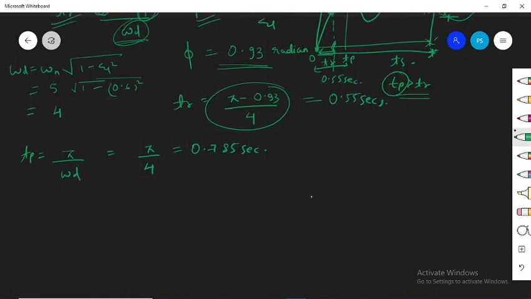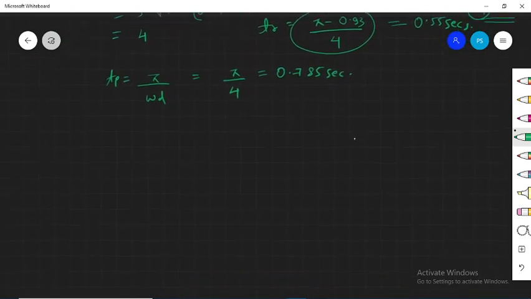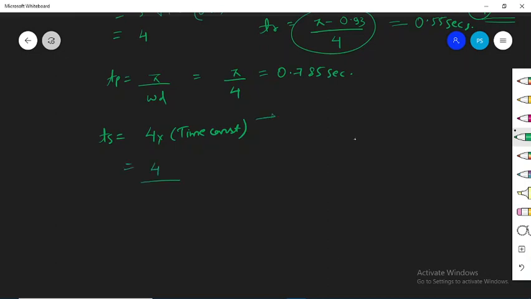So for the final steady state value under tolerance of 2%, we define the settling time as approximately 4 times the time constant of the system. And the time constant for the system is equal to 1 by zeta omega n. Hence I can write this as 4 divided by zeta omega n.